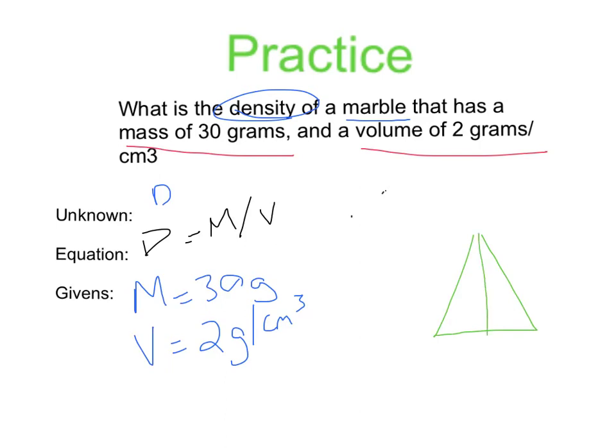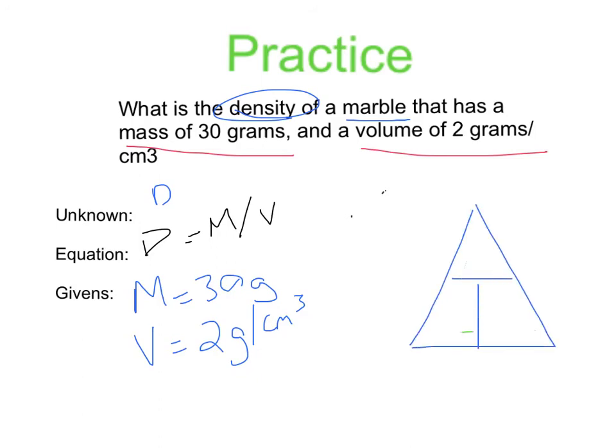Oops, made a mistake there, sorry. Let's erase that. Okay, we are looking for density. So density would be right here, but we don't know it. It's got a mass of 30 and a volume of 2. The way you use the triangle is you cover up what you are trying to find.